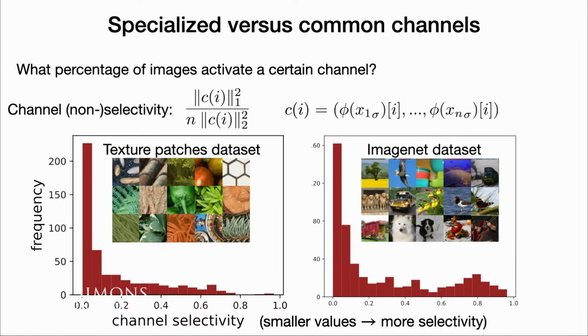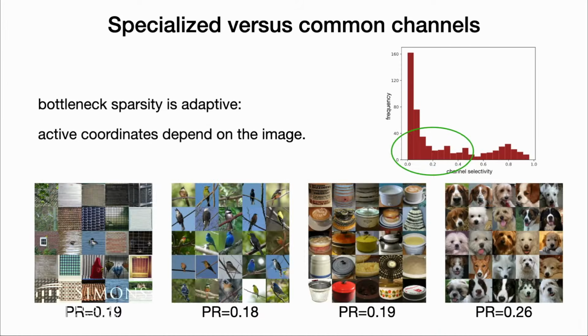For the data set on the left, it's even more extreme. Most of the channels are very selective because that's a simpler data set. For the channels that are selective, it's easier to interpret them. You can look at the images that maximally activate these channels, and as you can see, they are responding to spatial patterns in the data set.